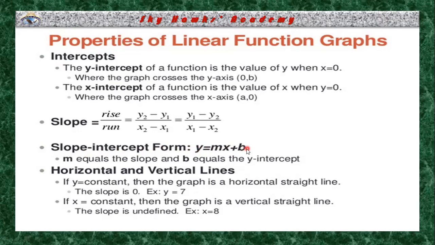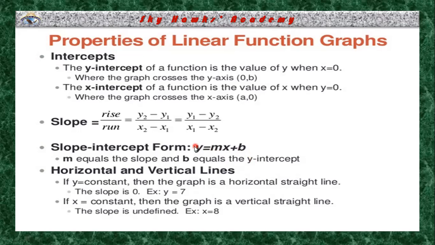This is for the straight line, the linear function, of any line. So y is equal to mx plus b. Once again, m is the slope or gradient of that line and b is the y-intercept, because this is given in the y format. So b is equal to y-intercept.